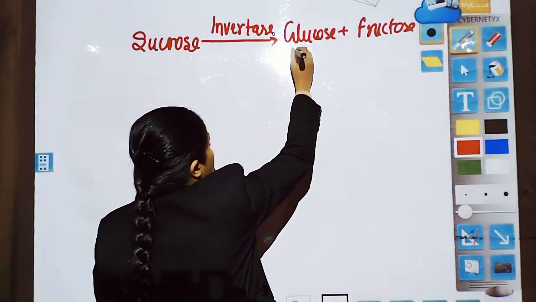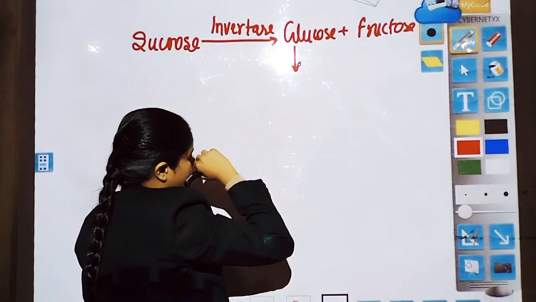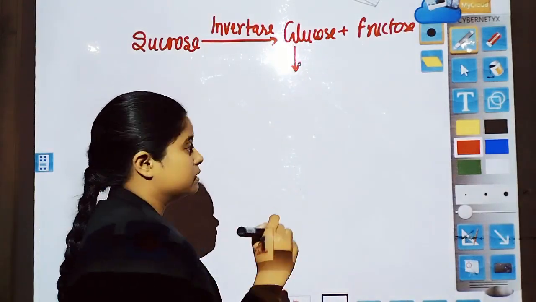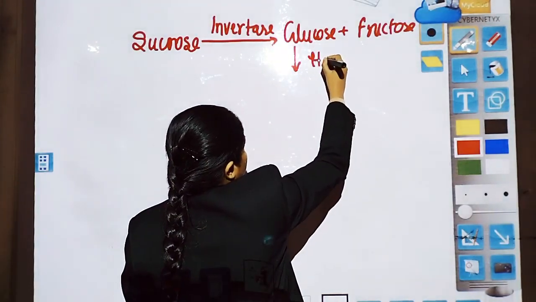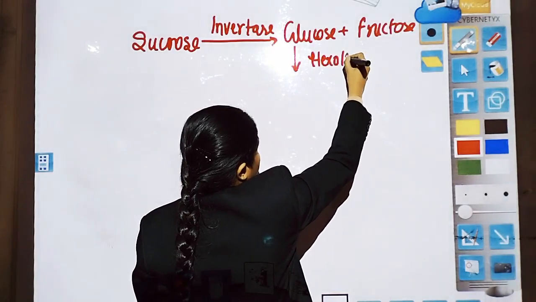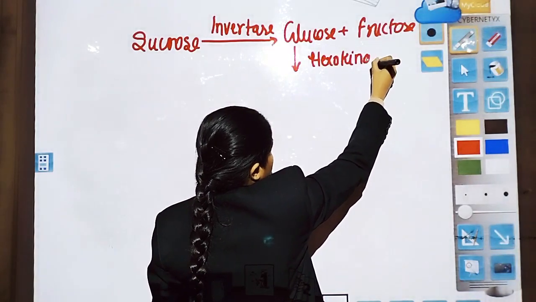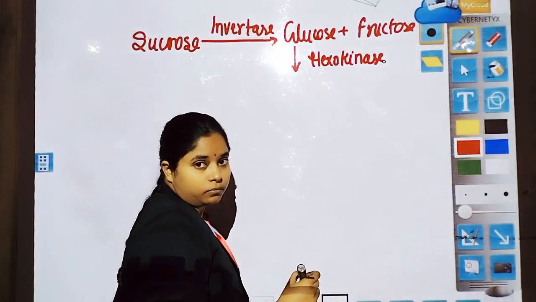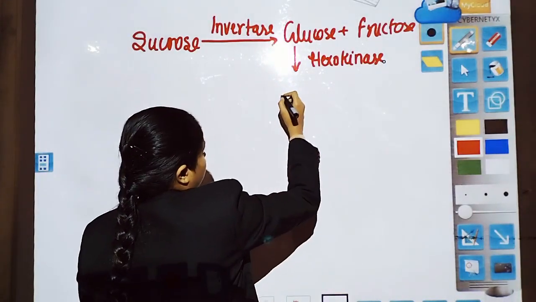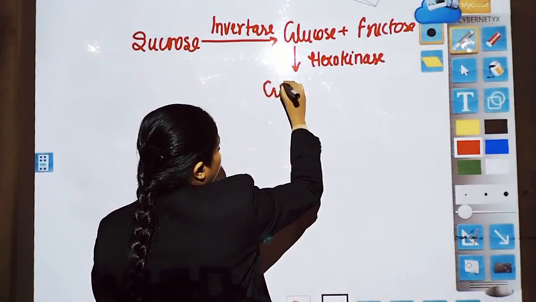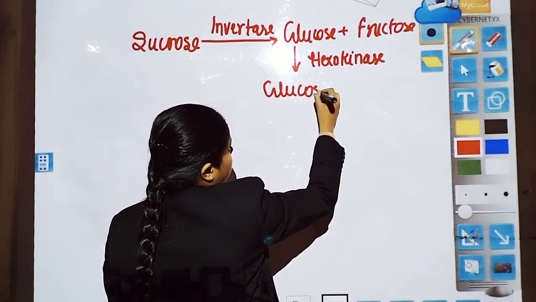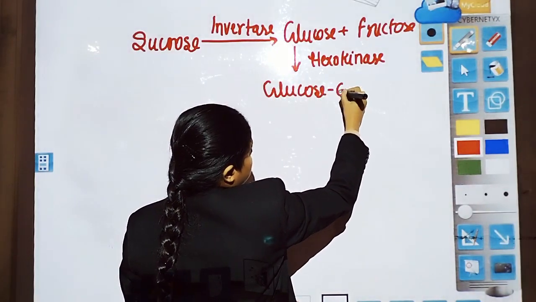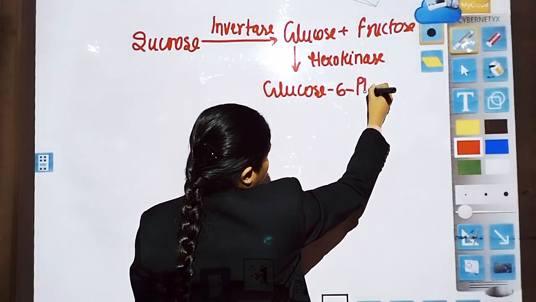Now glucose undergoes activation by the enzyme hexokinase to form glucose 6-phosphate.